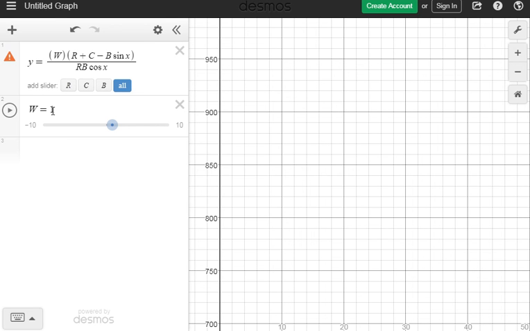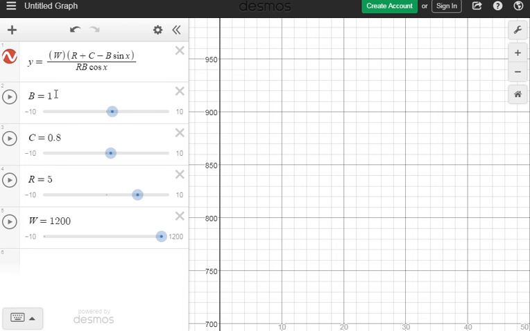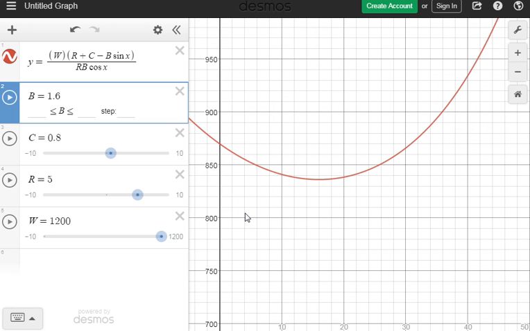W, we said, was the width of the river, which for us was 1,200 meters. So let's write that in there. R was the run speed, and for this particular problem was 5. C was the speed of the current, 0.8. And B was the boating speed, which for our problem was 1.6.